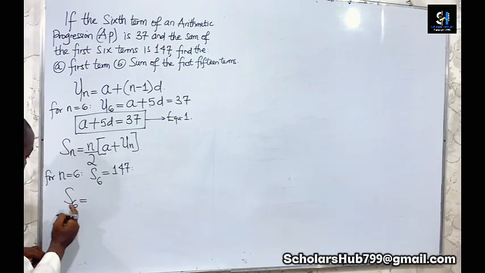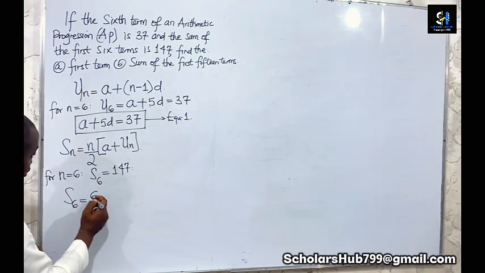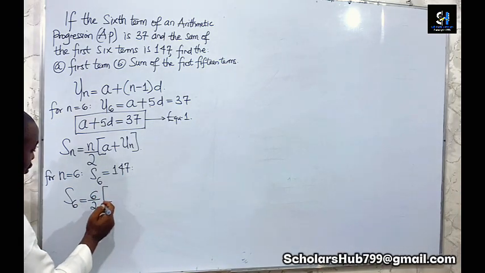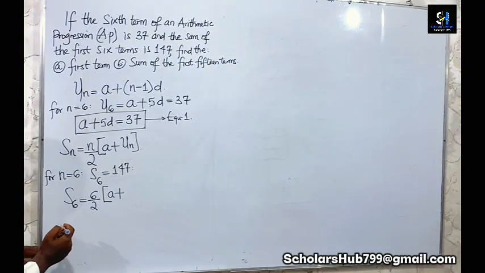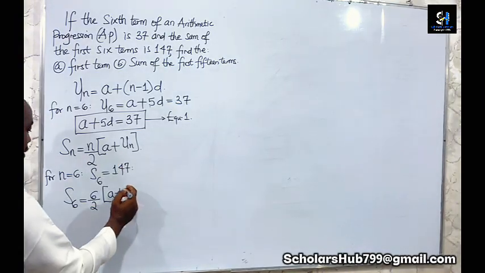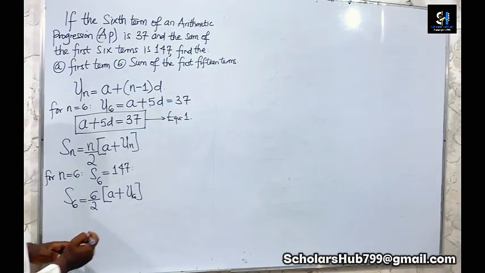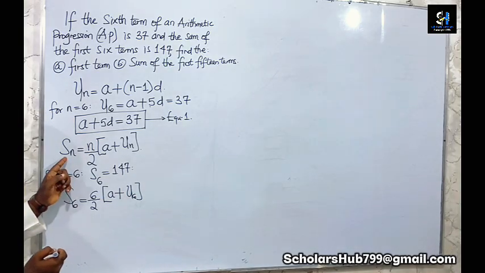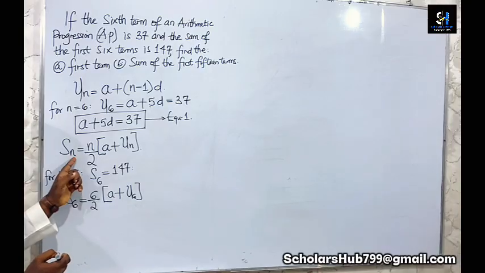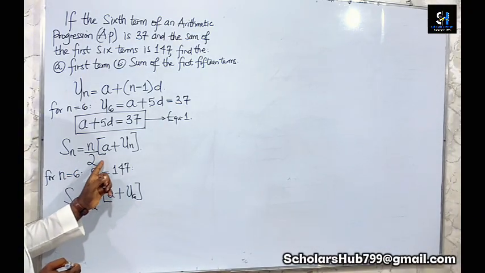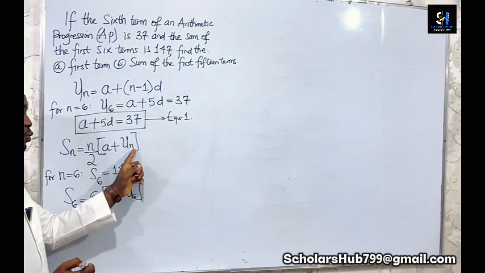So the sum of the first six terms will be 6 divided by 2 square bracket a plus the sixth term. Remember the formula states s subscript n equals n over 2 square bracket a plus u subscript n.